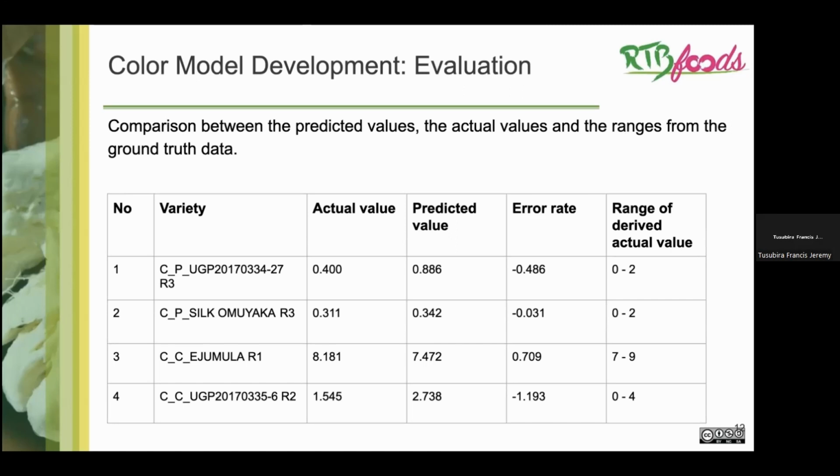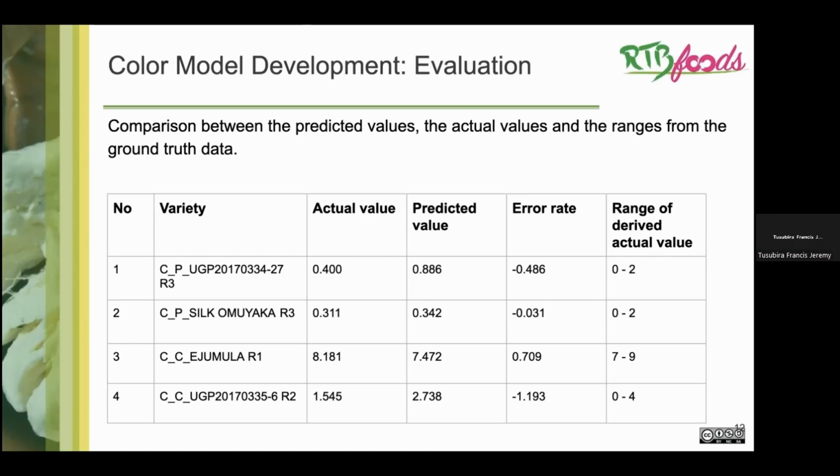From this, we are able to establish the range within which the experts on the sensory panel assigned a color intensity value. So from here, we're able to tell, even just beyond the error, whether we are still falling within the range of what the experts were predicting.